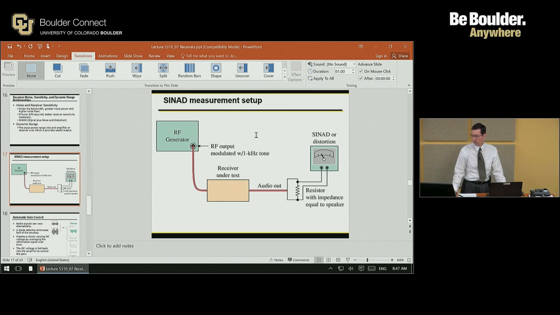And what you hope is that the signal the RF generator creates is a very small signal, because if it's a small signal, it means that you've got good sensitivity. And so with FM receivers, that number is probably in the microvolt range. Other types of receivers, maybe it's in the millivolt range. So that's how you do it.